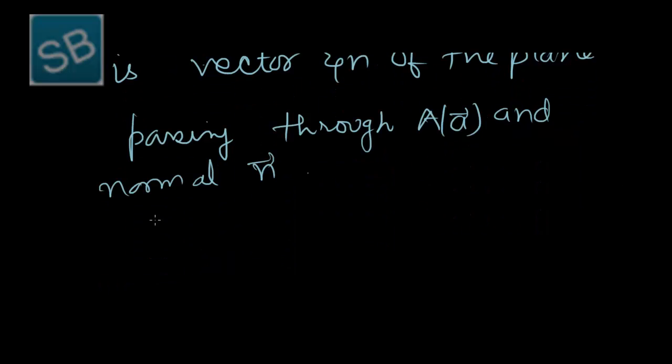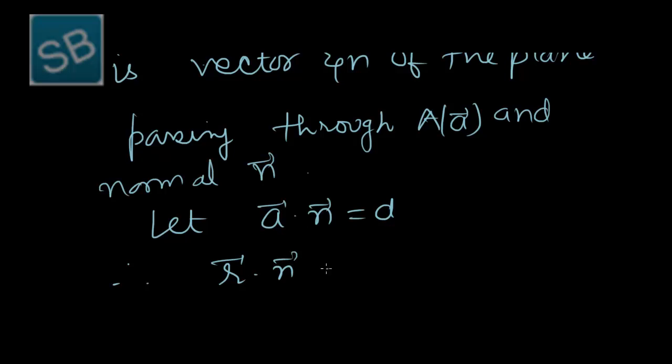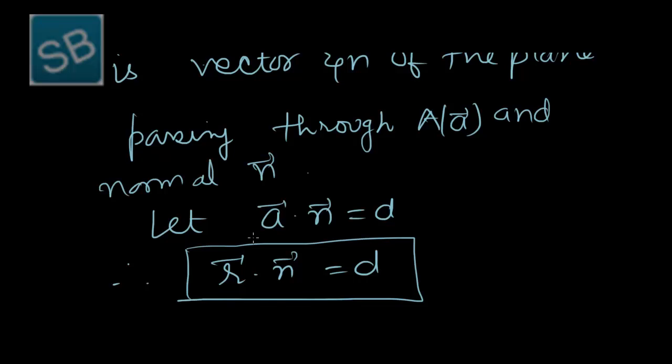If we suppose that a dot n is equal to d, then r dot n is equal to d. That is another form of vector equation of a plane.